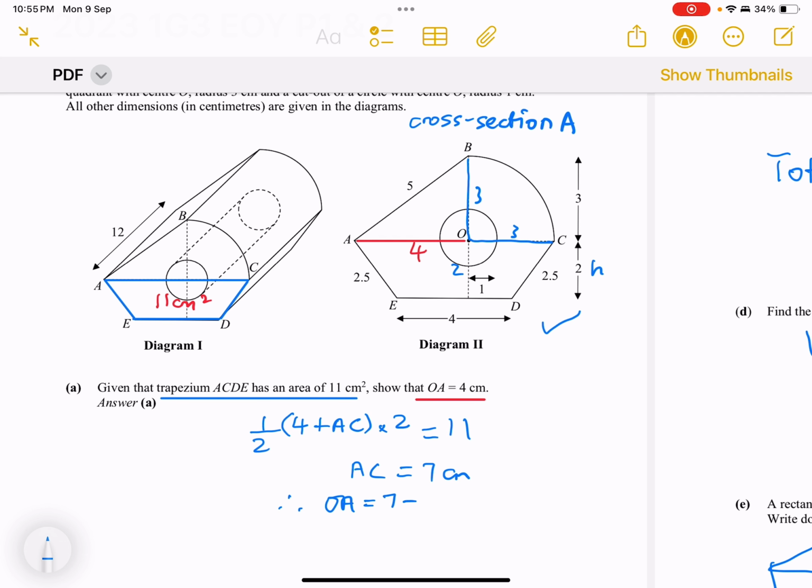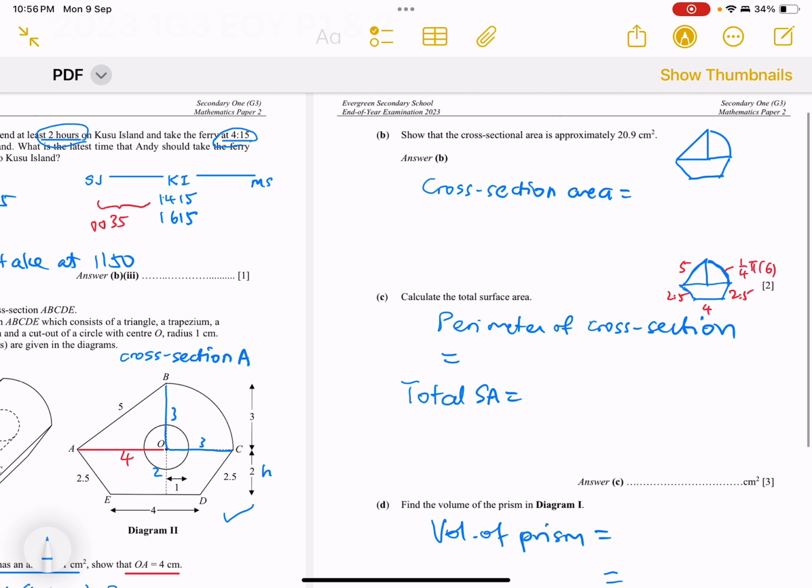Right, next we have to show that the area of cross section. Now the cross section, there are 3 parts. We have the trapezium, we have the triangle. Okay, look at the figure here again. Alright, so the triangle part is half base times height, and the base we have found is 4, right? So 4 times the height, which is 3. That is the triangle.